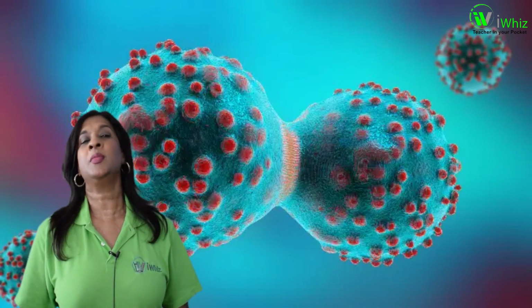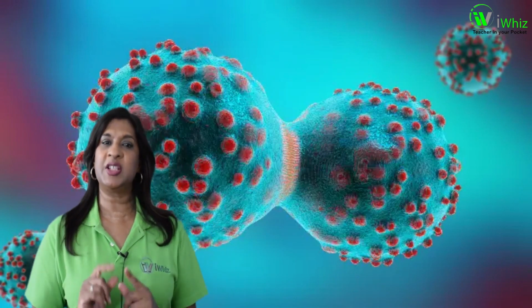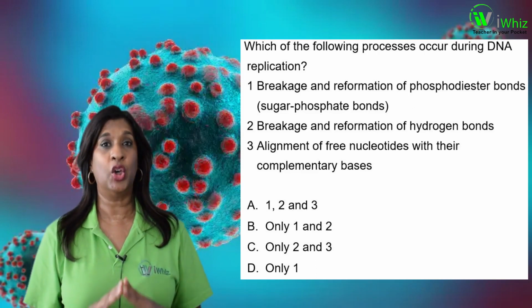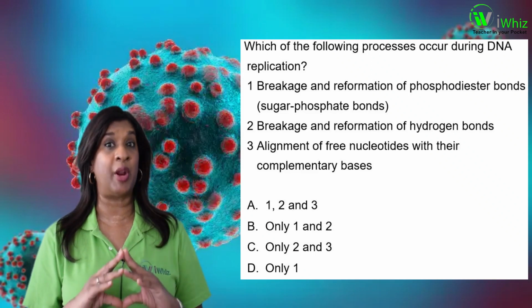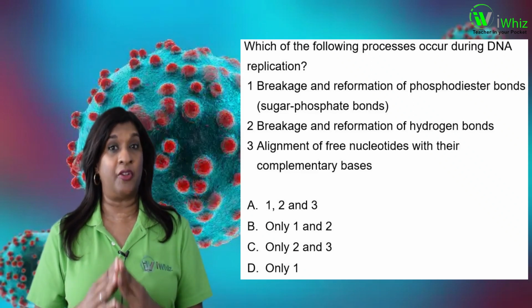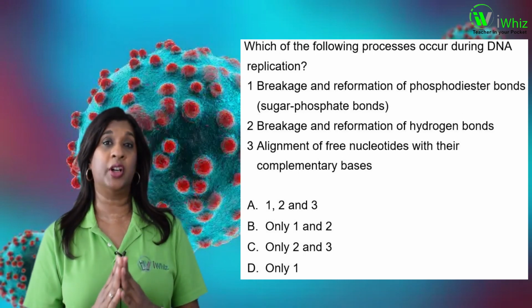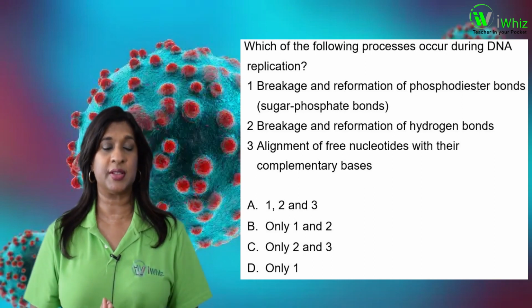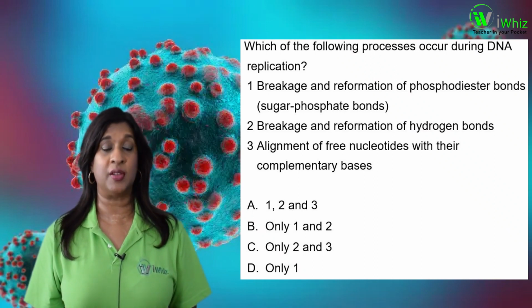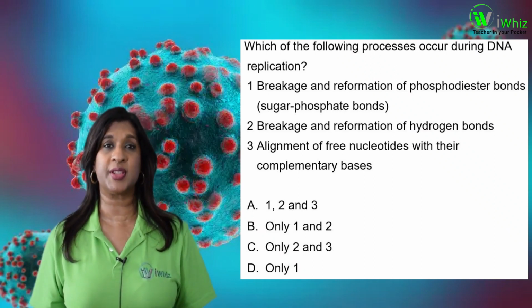And let's look at multiple choice. So the first question is, and read carefully. First question, which of the following processes occur during DNA replication? 1, breakage and reformation of sugar phosphate bonds. 2, breakage and reformation of hydrogen bonds.